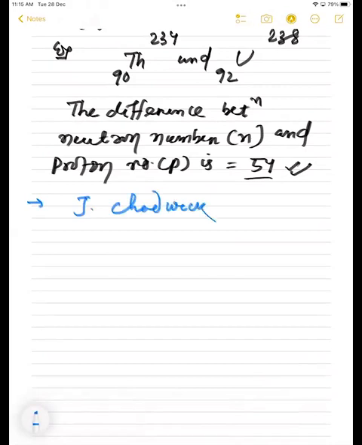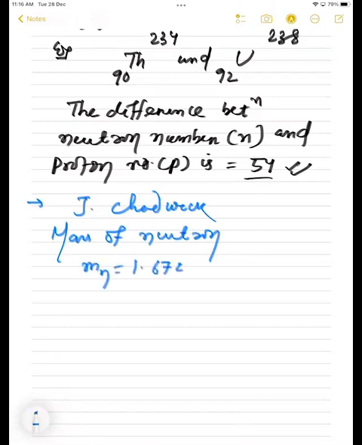What is the mass of neutron? Anyone? Mass of neutron? 1.6749 into 10 to the power minus 27 kg, right? Yes or no? Proton was discovered by whom?